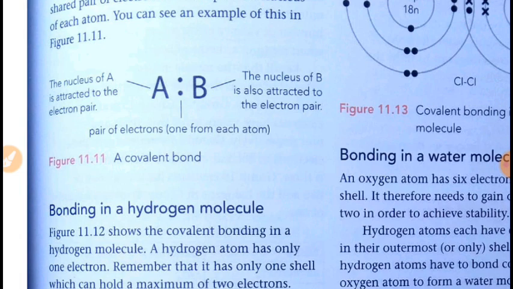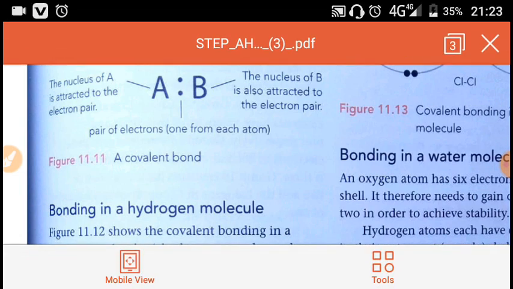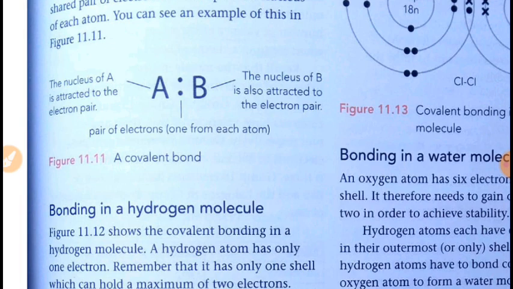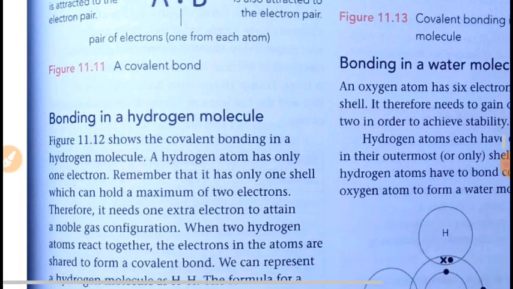So these two electrons, one from A and another one from B, form a pair of electrons. Then the nucleus of A will attract this pair of electrons to itself, whilst the nucleus of B will attract these electrons again to itself, causing that force of attraction which will cause A and B to become united together.